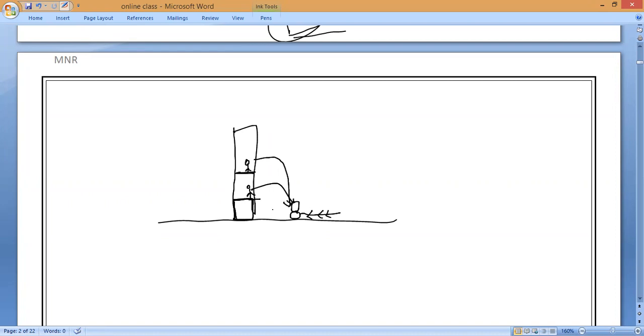Will it hurt or not? Same stone. Now on the third floor, someone else is there, and finally on the roof, someone else is there. From the roof, they throw the stone onto Omar's face. Now tell me, in which case will Omar be injured very badly? Anyone? In the roof case.